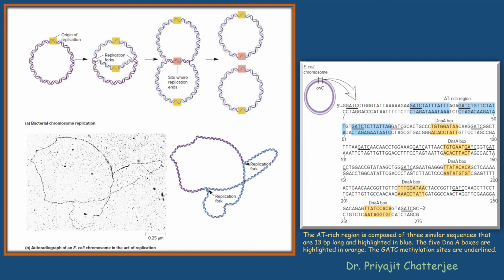The GATC methylation sites within the OriC are involved in regulating the process of DNA replication. These sites are methylated by an enzyme known as DNA adenine methyltransferase, or Dam. Prior to DNA replication, the GATC sites are methylated in both strands.